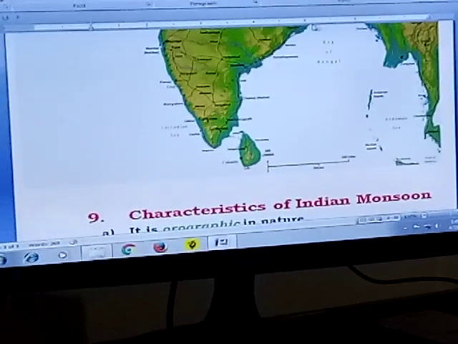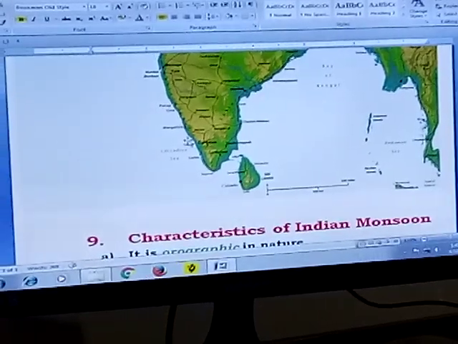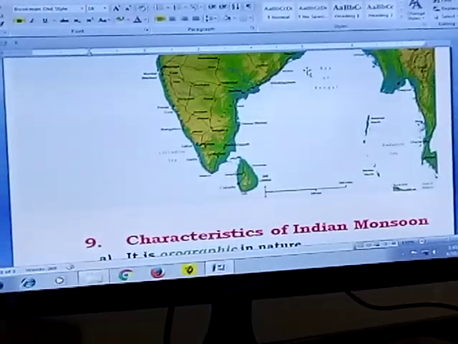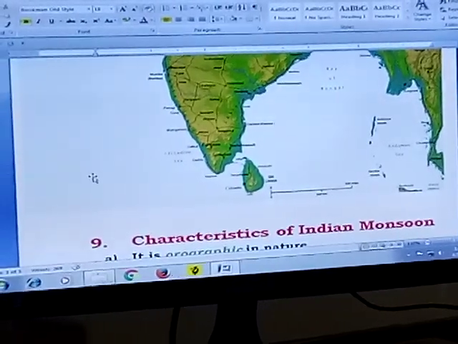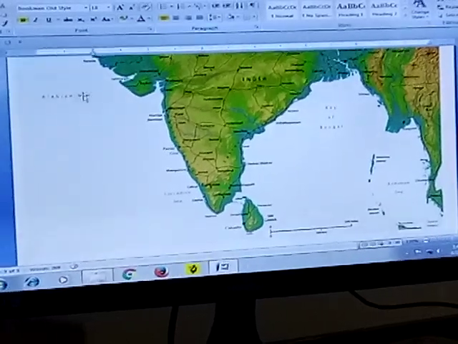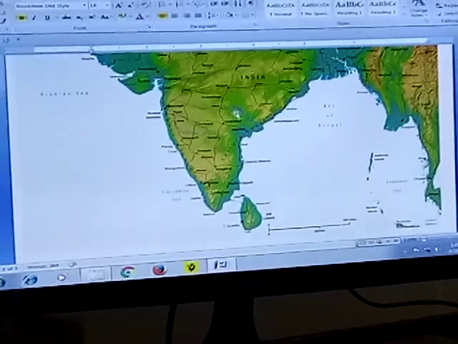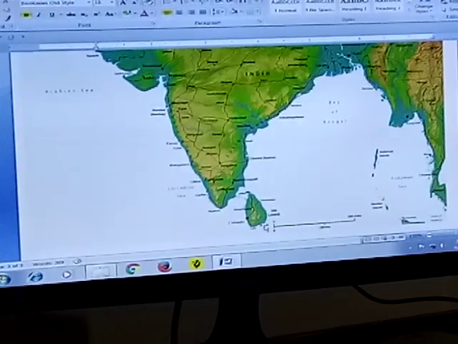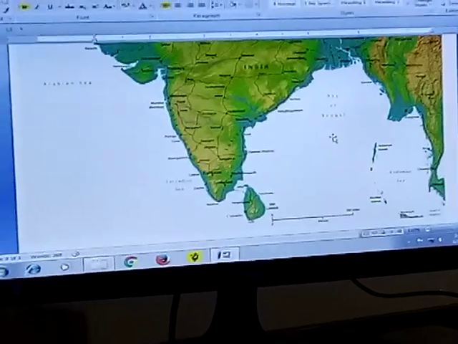Because of the tapering shape of India, that southwest monsoon which comes from the Indian Ocean is divided into two parts. This part is obviously the Arabian Sea, that's called the Arabian Sea branch, and this part is the Bay of Bengal, so we call it the Bay of Bengal branch.